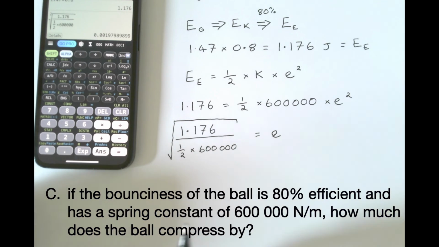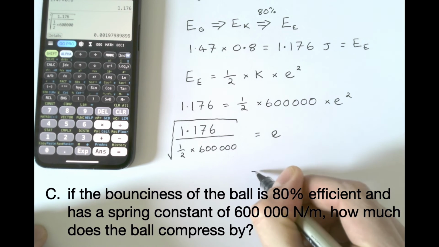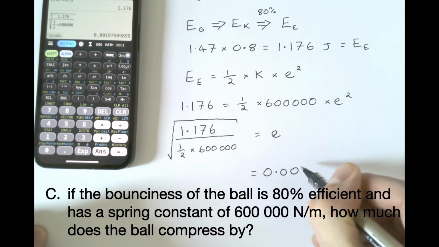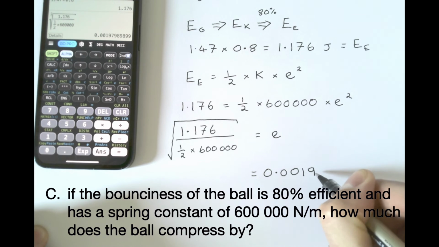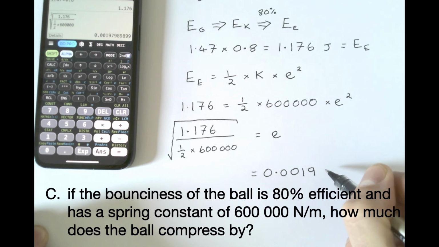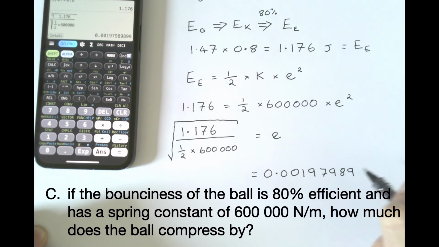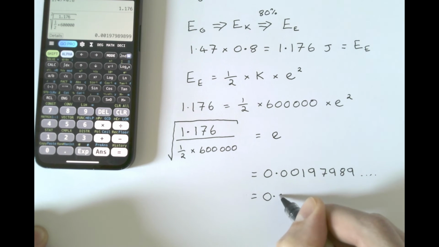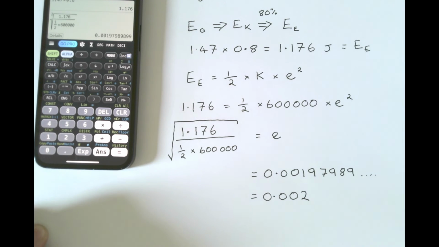That gives me the answer of 1.19789. So wherever I choose to round this, it's actually going to pretty much round to 0.002. So that is how much it squashes by.